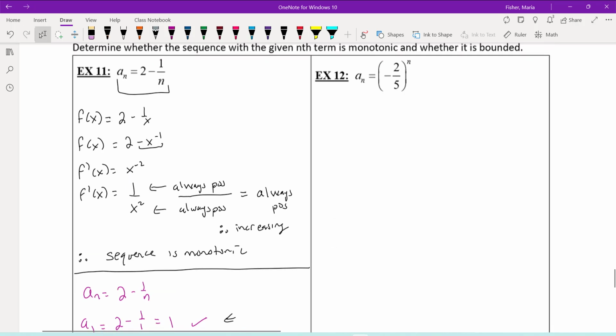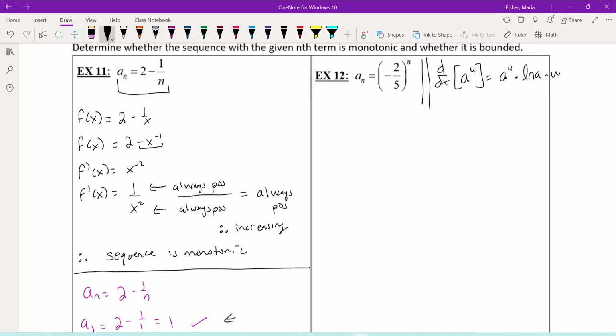What about example 12? I have a sub n is equal to negative 2/5 to the n. I can't take the derivative here because when we're looking at exponentials, the derivative of a to the u was, remember, a to the u times the natural log of a times u prime.